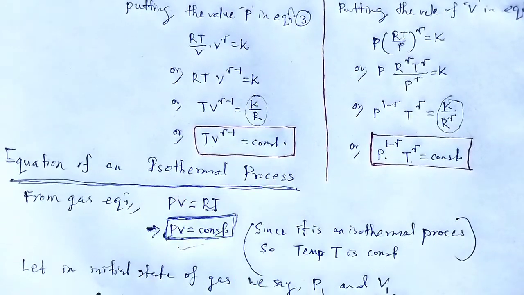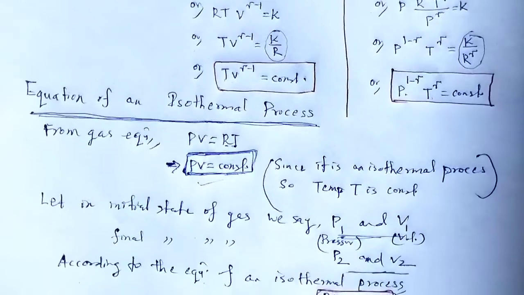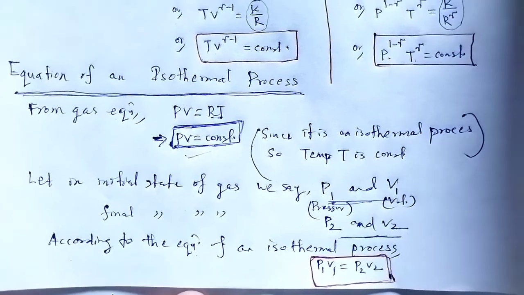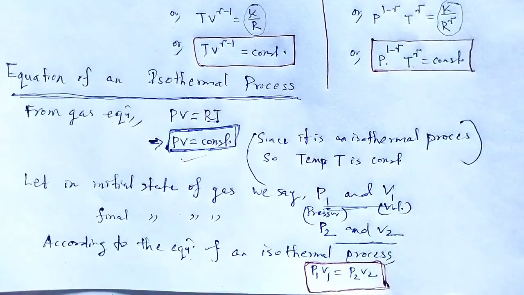Then the equation of an isothermal process, that is PV is equal to constant. This is all about the equation of an adiabatic process and an isothermal process. In an adiabatic process, PV to the power gamma is constant, and in an isothermal process, pressure into volume is constant.